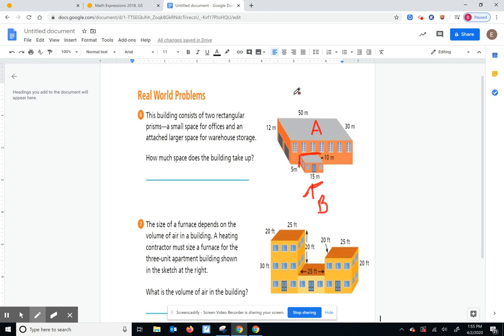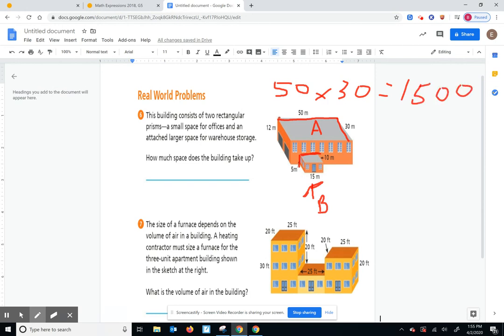Again, the volume formula for a rectangular prism is length times width times height, or the area of the base times the height. However I want to look at that, here is my length, here is my width, so I'm going to take 50 times 30, and I'm going to get 1,500.